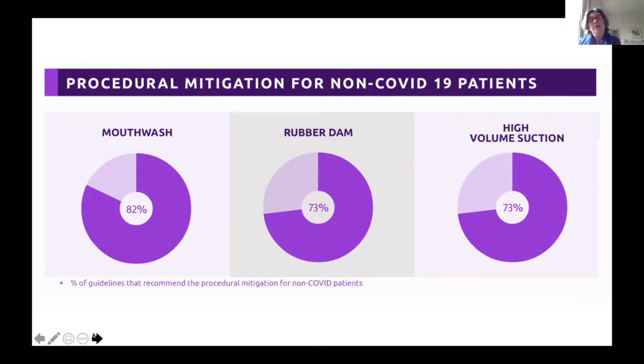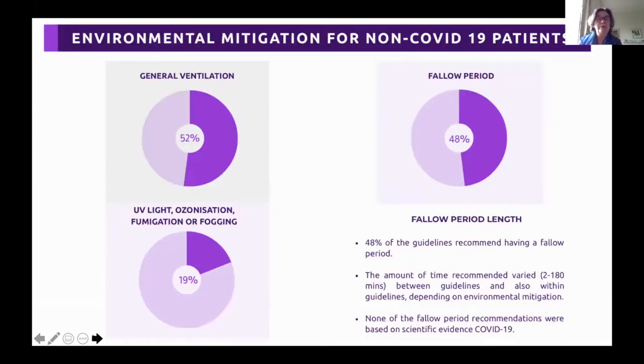What I suppose is interesting is that if you were using a high-speed drill, you would not use high volume suction. So we need to understand how these procedural mitigations truly work and bring additional benefits for mitigating the risk of transmission.